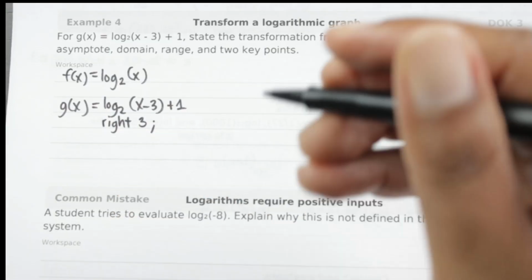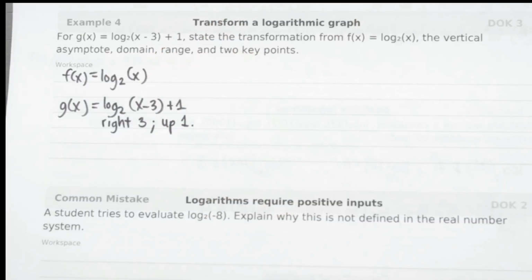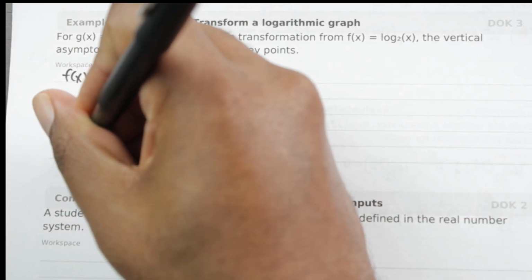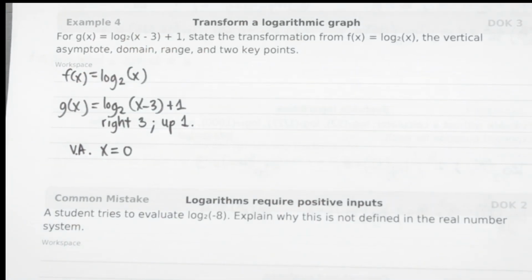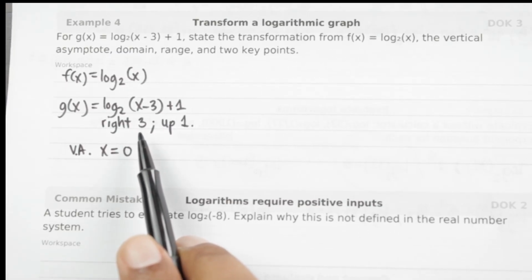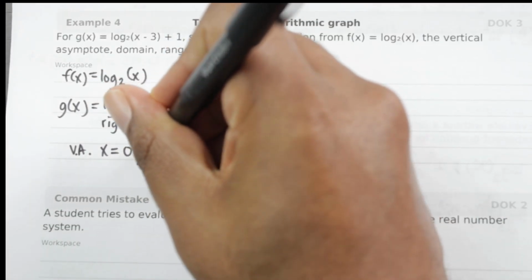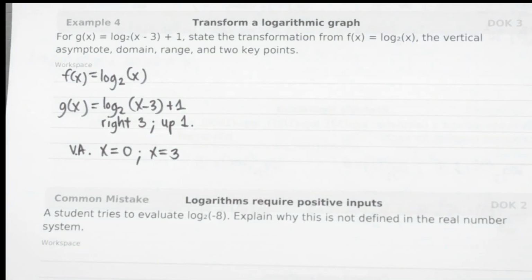And then the plus 1 means up 1, okay? So the parent graph has a vertical asymptote of x equals 0 because remember, the domain cannot be negative. After shifting to the right 3, the vertical asymptote becomes x equals 3, okay, because there's a shift.